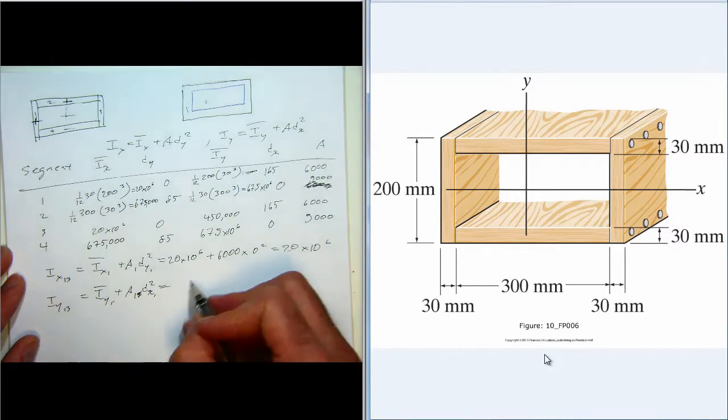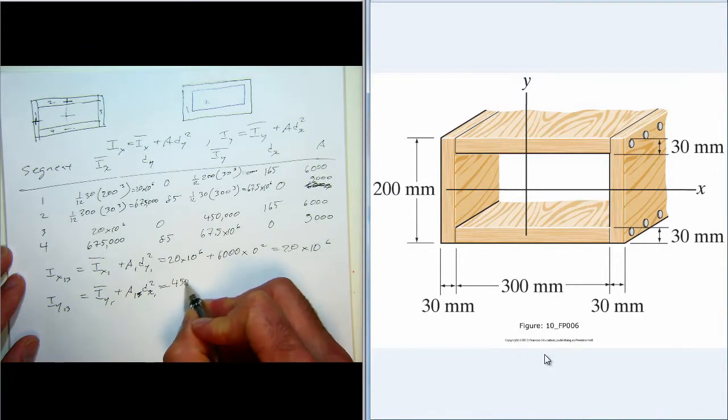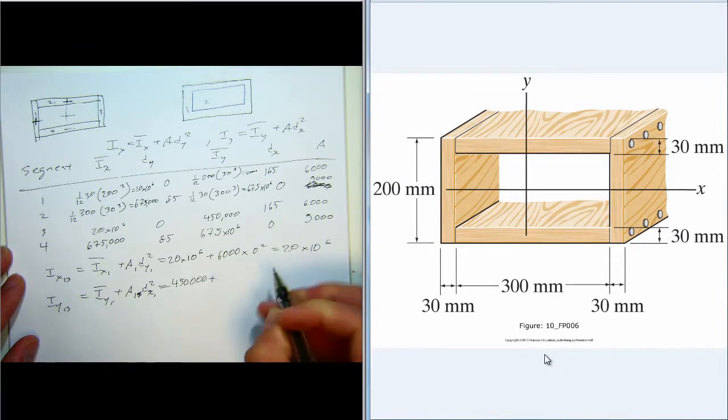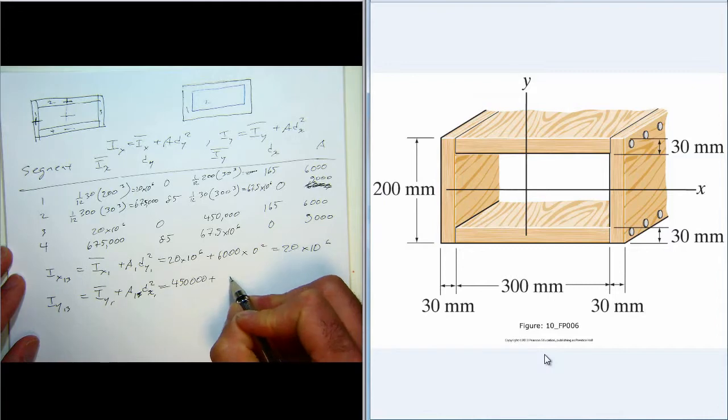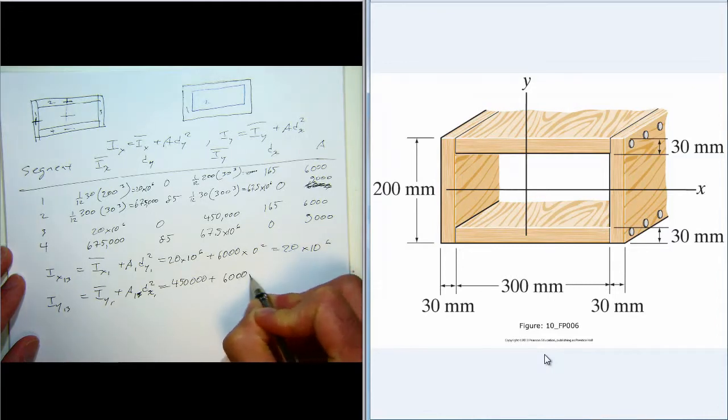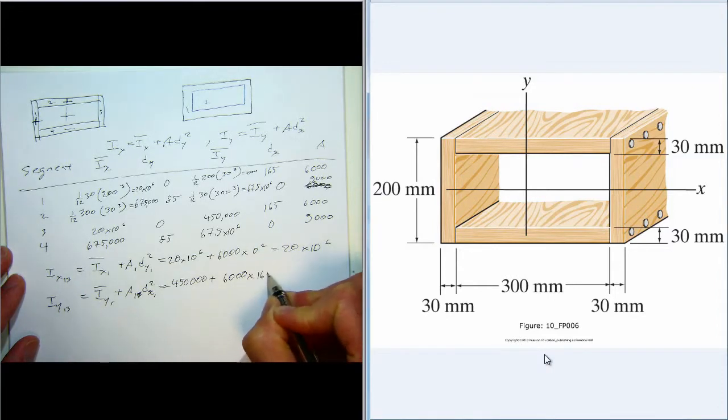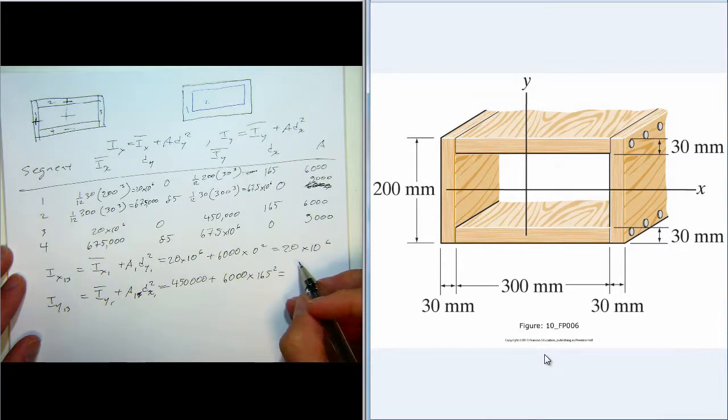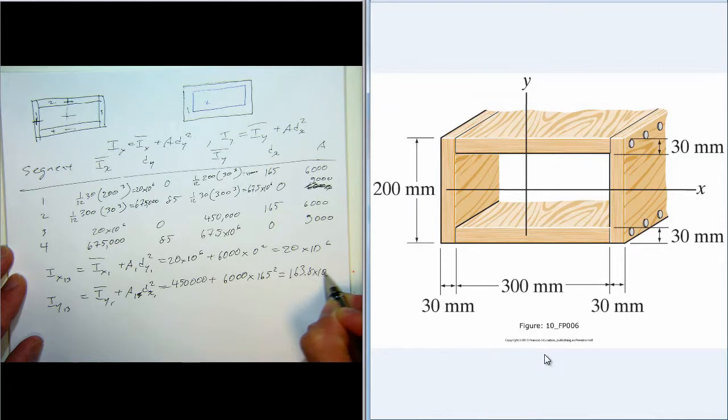And that is 450,000 plus 6,000 times 165 squared, which is 163.8 times 10 to the 6th.